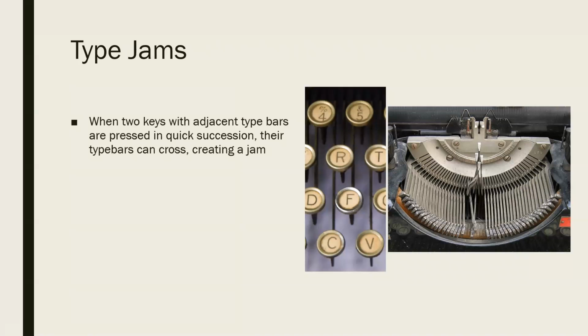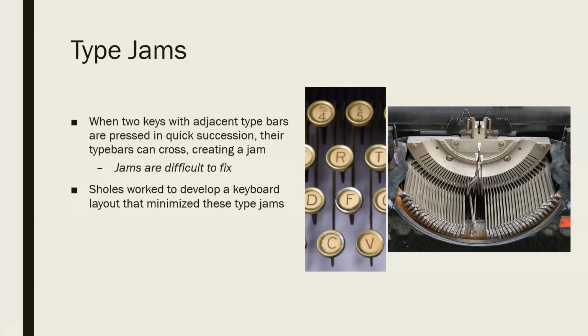A type jam is what happens when two keys which are next to each other are pressed quickly or in rapid succession. When this happens, the two type bars can actually cross. This can cause the two bars to get stuck, or it can even break them. Because of that, jams are a very annoying issue for a typewriter, and a very difficult issue to fix.